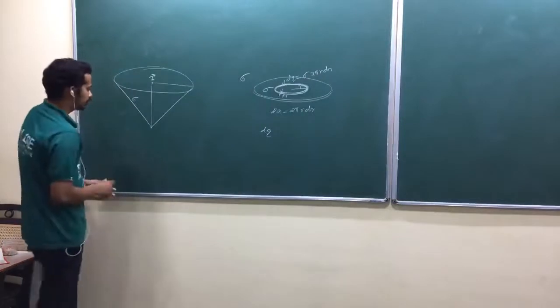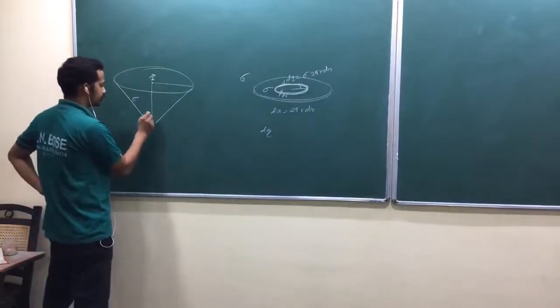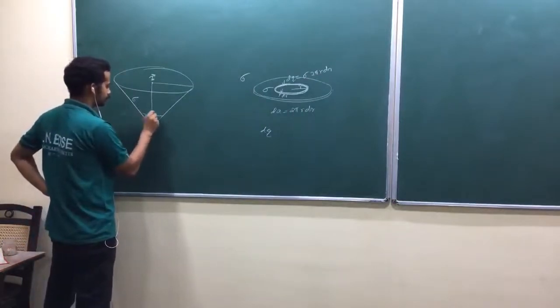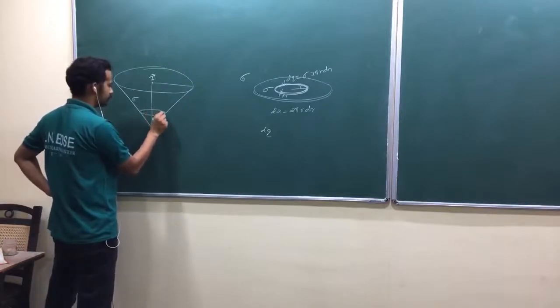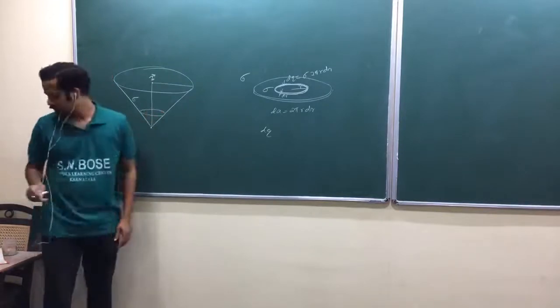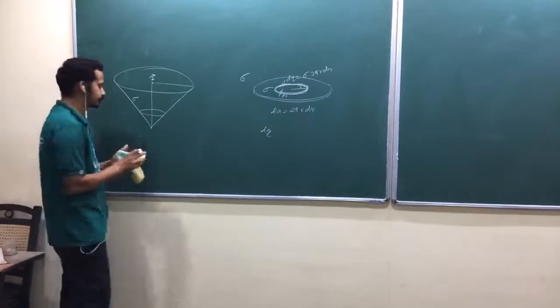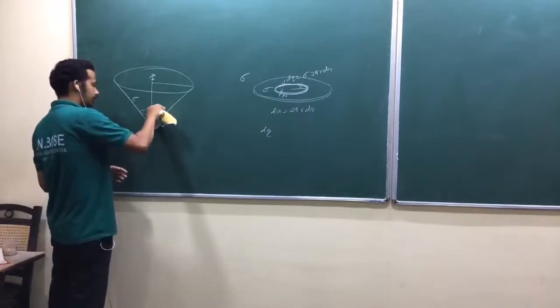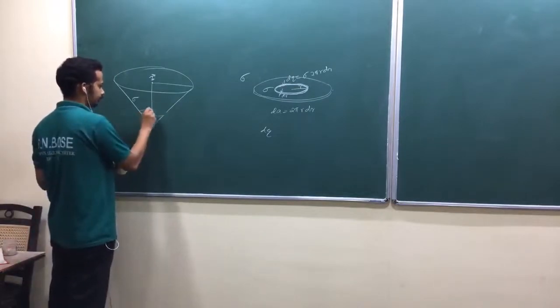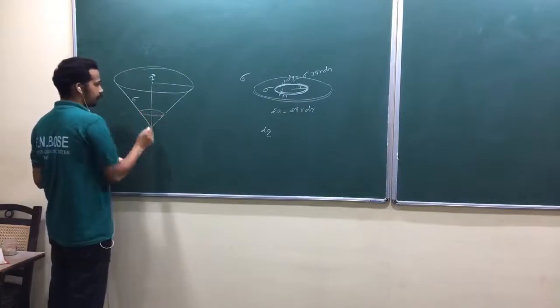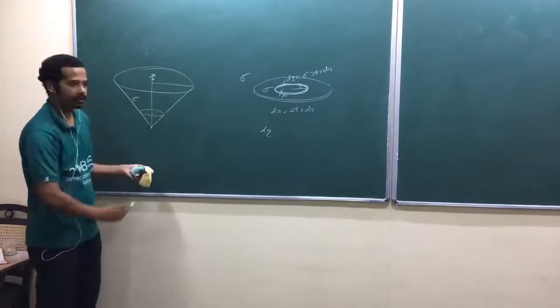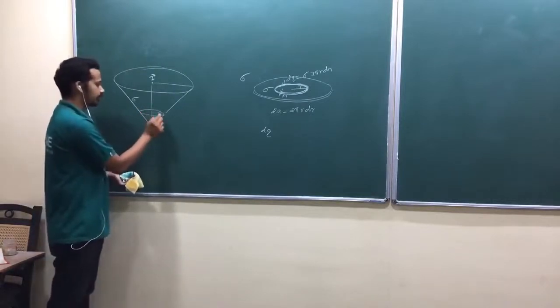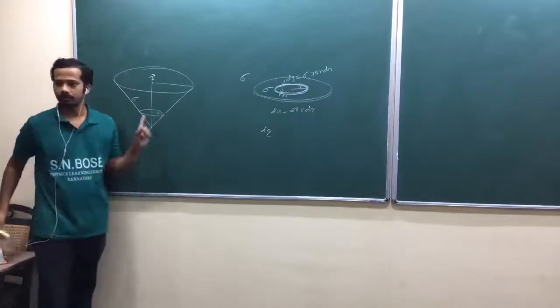So look at here. I have taken one ring which is elementary for this structure, an elementary part of this whole thing. Now, how do you relate that ring, its radius, to sigma?